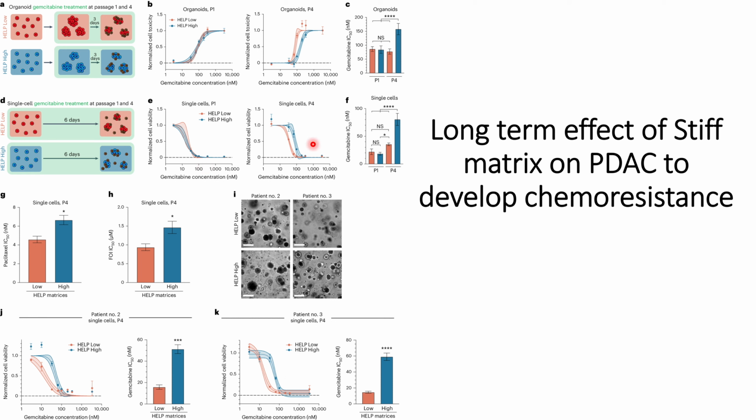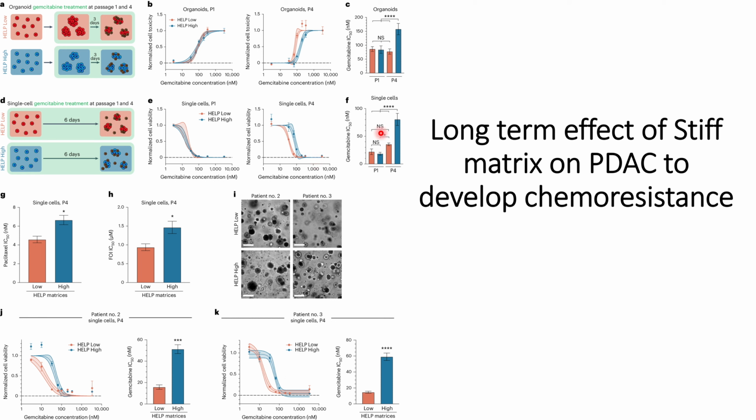However, at passage 4, they clearly see the difference. In the case of HELP low, the cell viabilities are low, whereas in the case of HELP high, the cell viabilities are high, indicating that the higher stiffness is more favorable to the pancreatic cancer cells.